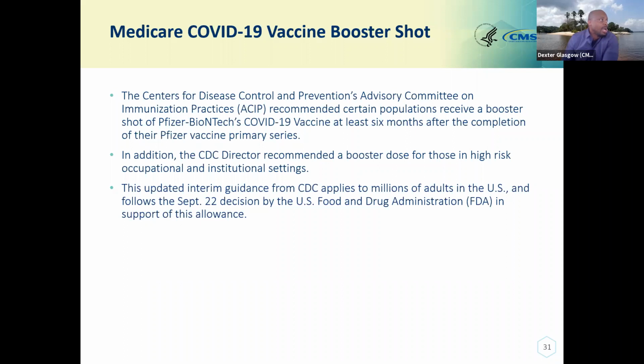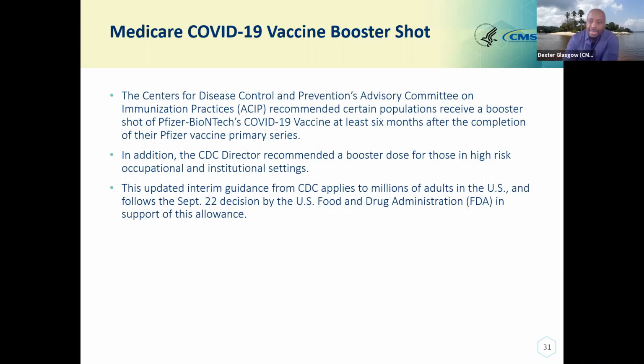Here I'm going to touch briefly on the COVID-19 booster shot, as this is becoming a hot topic. It's important to know that ACIP and CDC's recommendations are bound by what FDA's authorization allows.